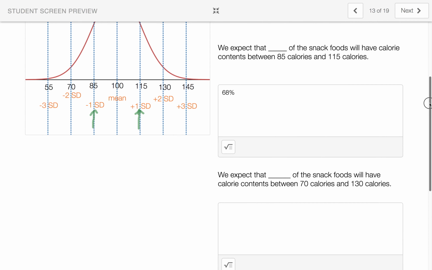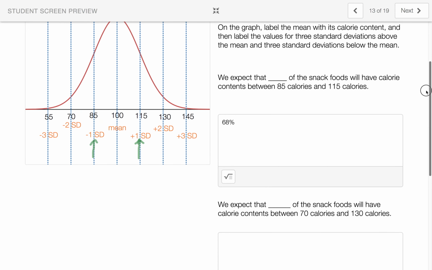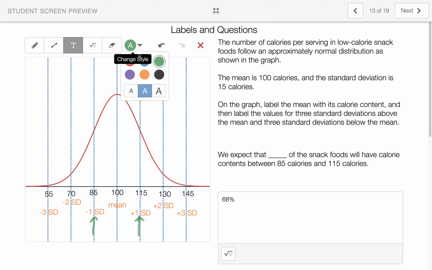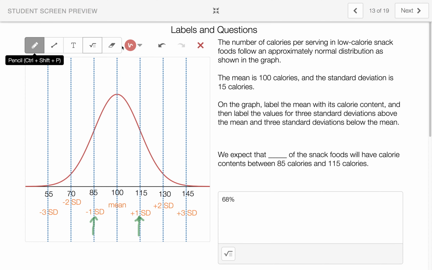Oh, I have a follow-up question I didn't do yet. Between 70 and 130. Let's find those. 70 calories is right there, and 130 calories is right there. So in this case, we're going from 2 standard deviations below to 2 standard deviations above.